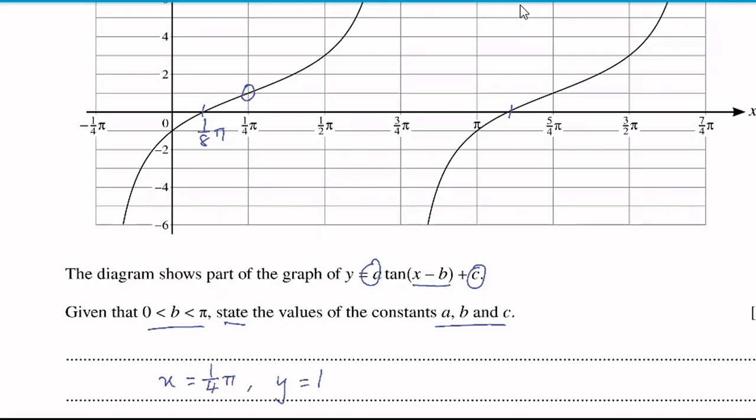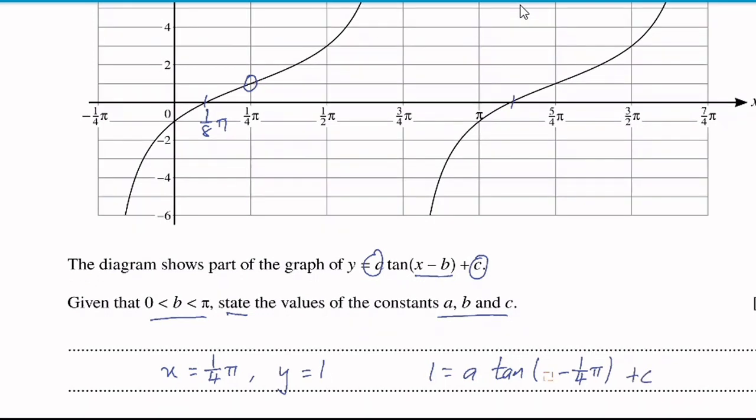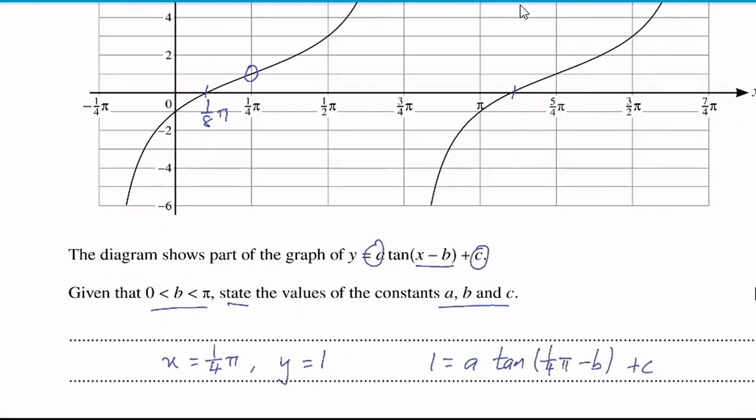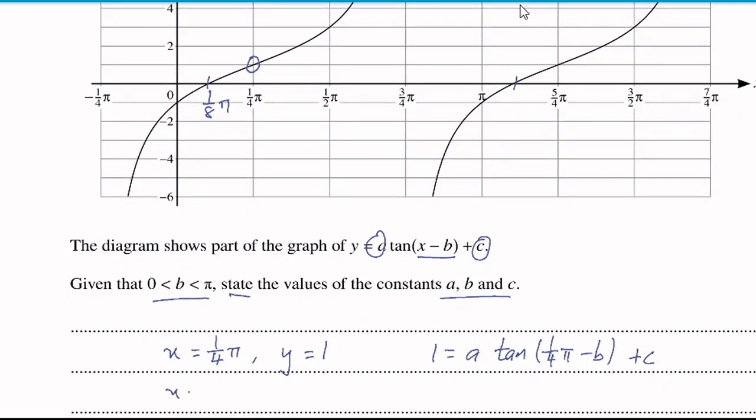So we can get some idea already: 1 equals a tangent of (x minus 1/4 pi) plus c, where x is 1/4 pi minus b. We could use another idea as well: when x equals 1/8 pi, y gives us 0.